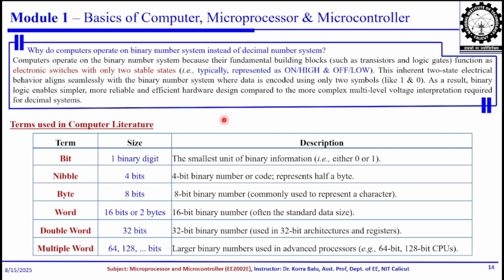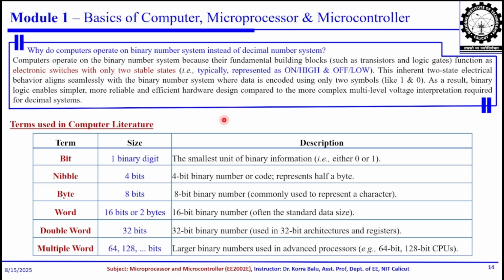Why do computers operate on the binary number system instead of the decimal number system? Computers operate on binary because their fundamental building blocks are transistors and logic gates. Logic gates are already studied in digital electronics, and transistors are studied in analog electronics.